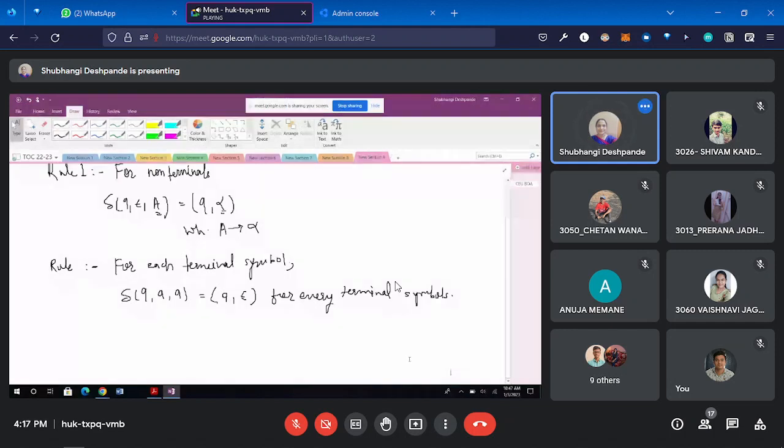Write it down: construct the PDA which accepts the language generated by the following grammar.